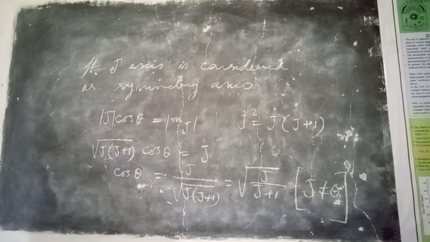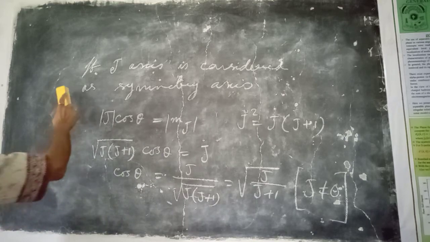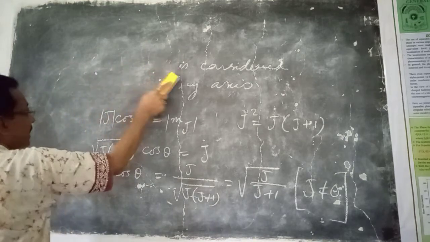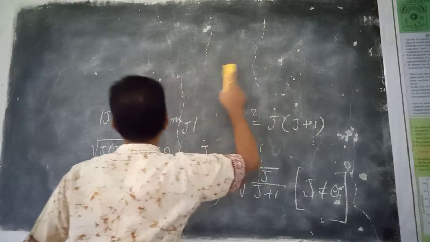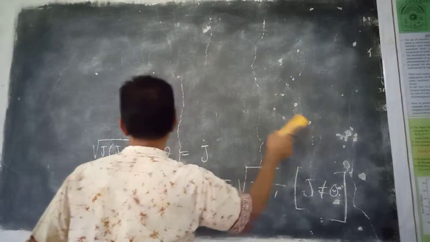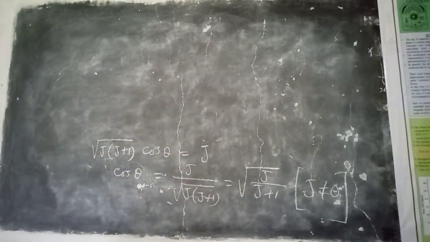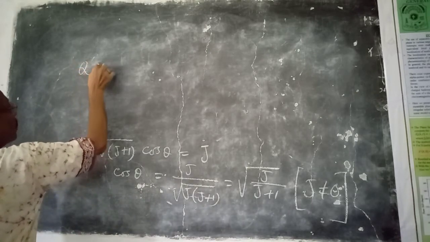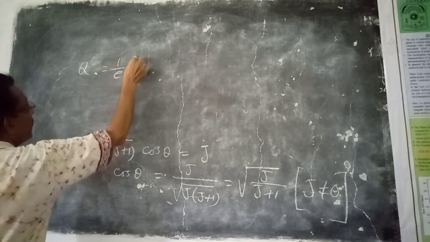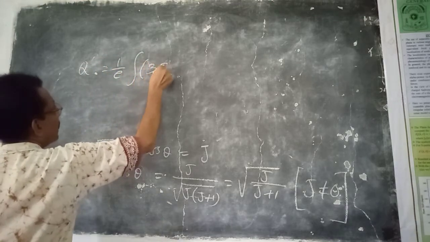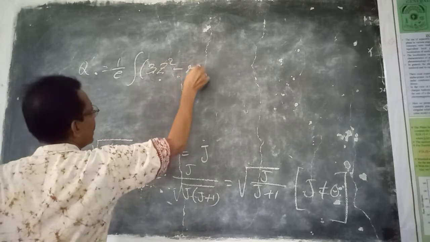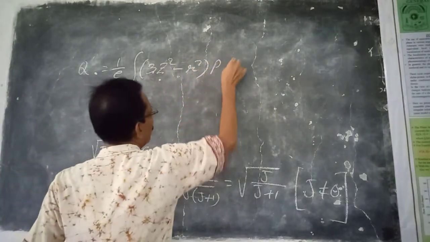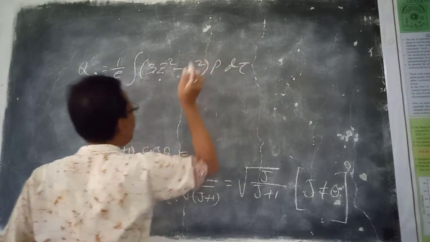Now therefore, if we calculate the quadrupole moment observed along the symmetry axis, Q_J, you calculate say Q, that is 1 by e, integral of 3z square minus r square, rho d tau.